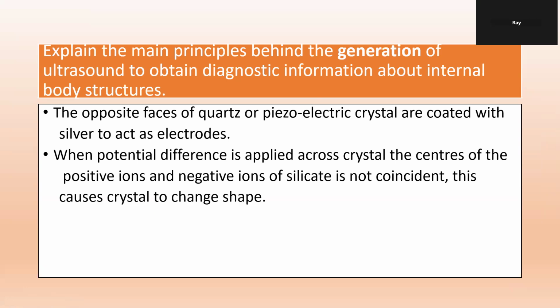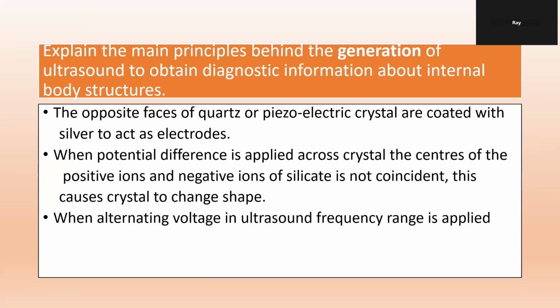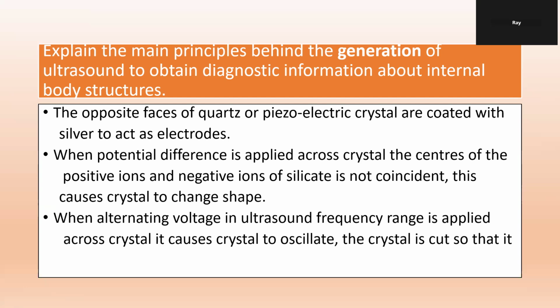This causes the crystal to change shape. An alternating voltage in the ultrasound range is applied across the crystal. It causes the crystal to oscillate. The crystal is cut so that it vibrates at resonant frequency. The frequency that we want, we choose the size of the crystal.